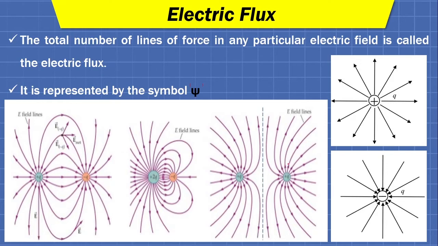But the fundamental idea of electric flux that Michael Faraday gave us was that we can imagine the distribution of field in terms of the number of force lines. So ultimately the number of force lines is regarded as electric flux.